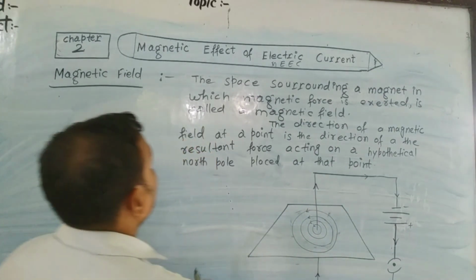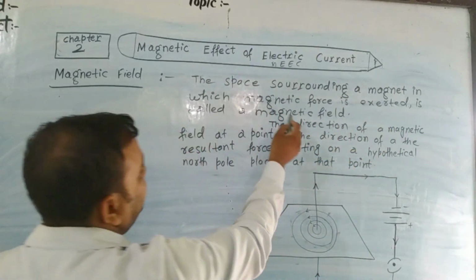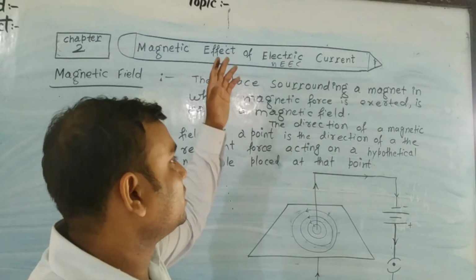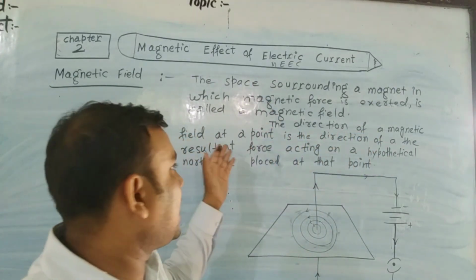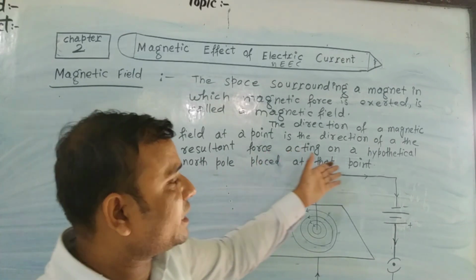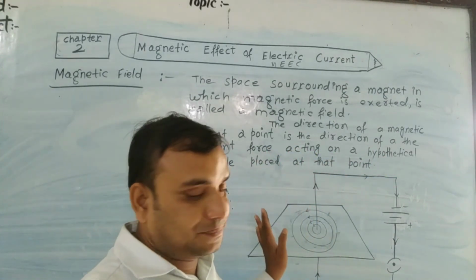Again, the space surrounding a magnet in which a magnetic force is extended is called a magnetic field. The direction of a magnetic field at a point is the direction of the resultant force acting on a hypothetical north pole placed at that point.